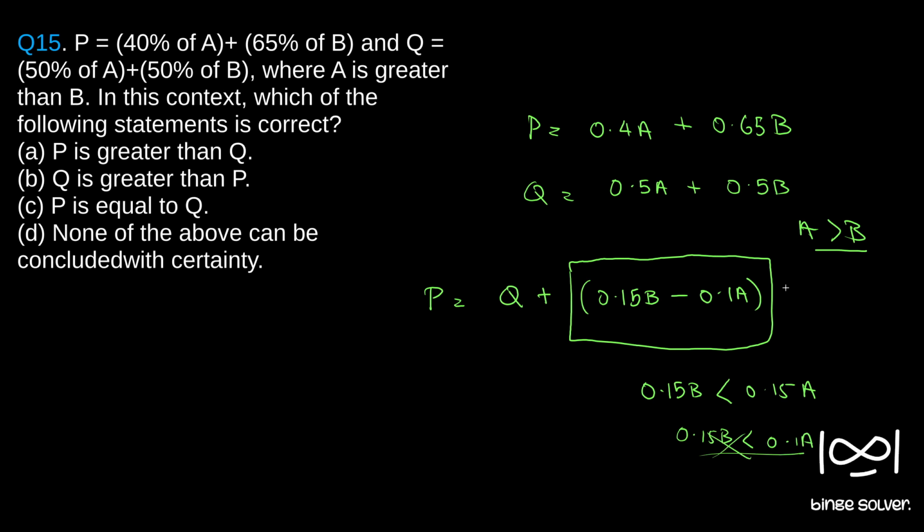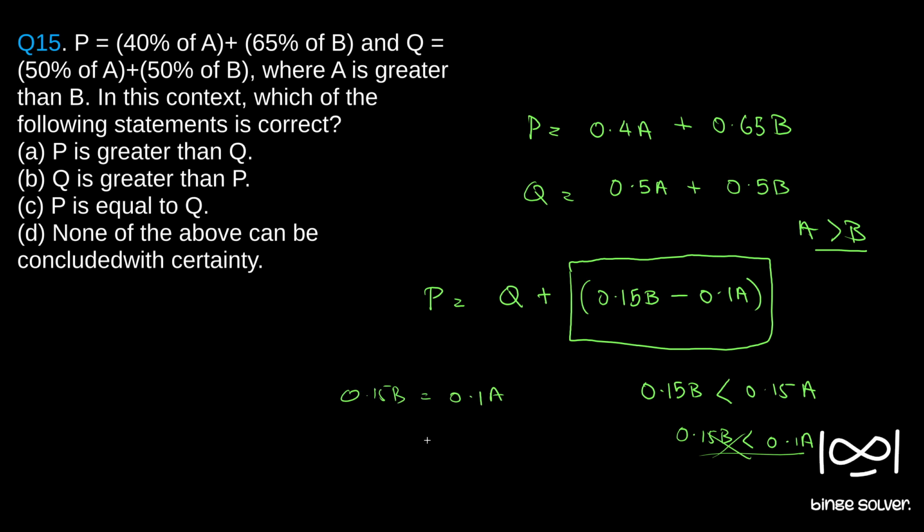That means we can select A and B such that A is greater than B and this part gives a positive number. And even if we want to make it 0, what happens? 0.15B equal to 0.1A.